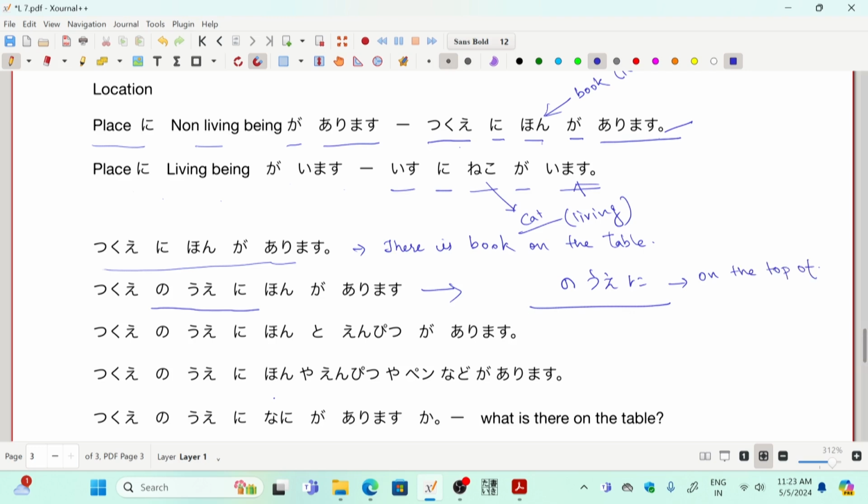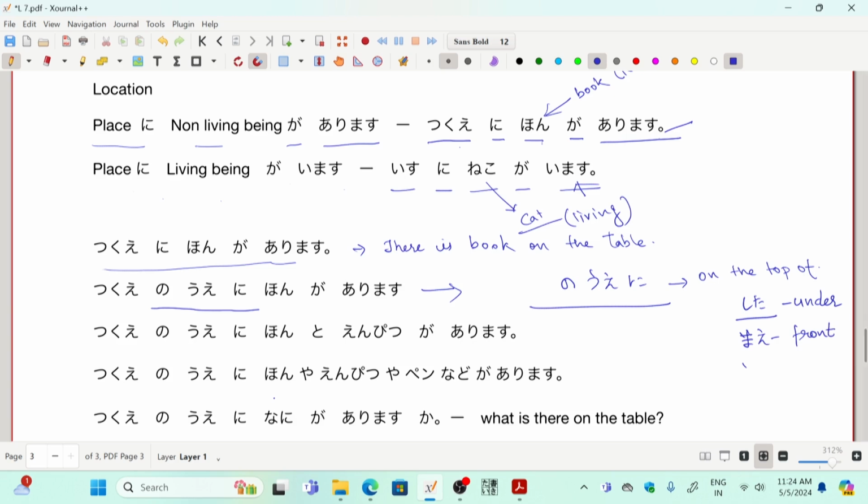We can replace no ue ni or ue with any other location vocabulary, such as inside or in the front or at the back, under. So those vocabularies are, if we say shita, it will be under. When we say mae, it will be front.